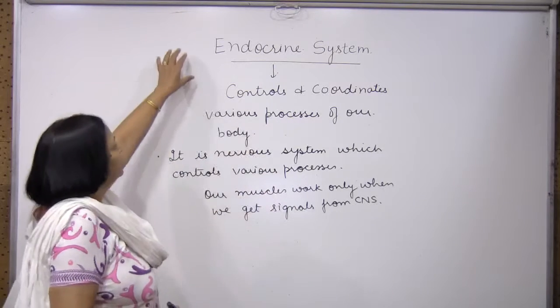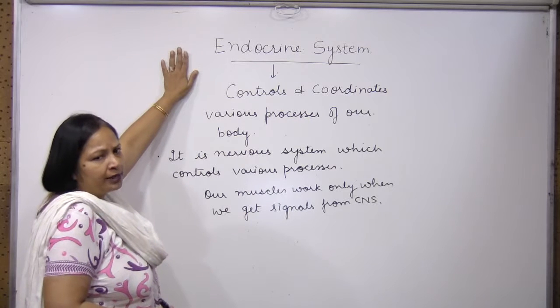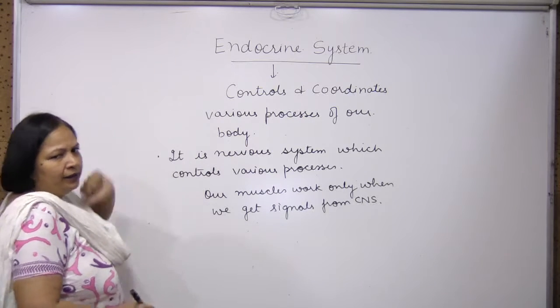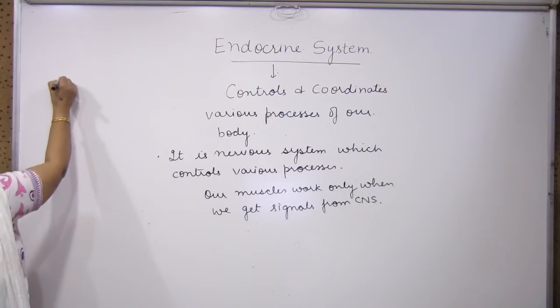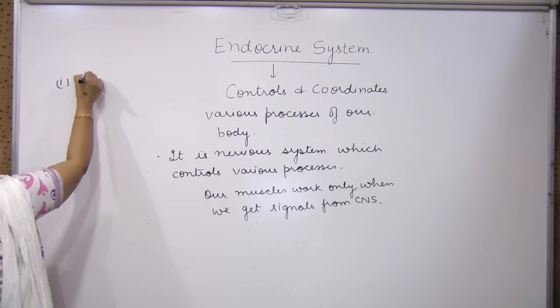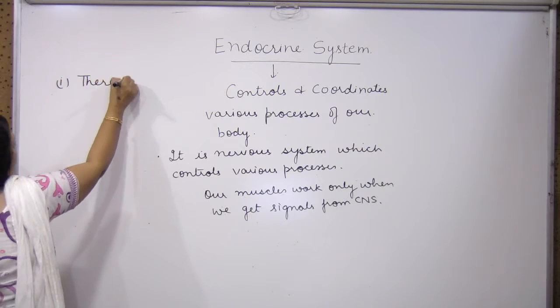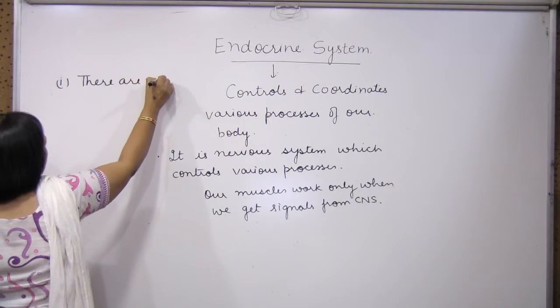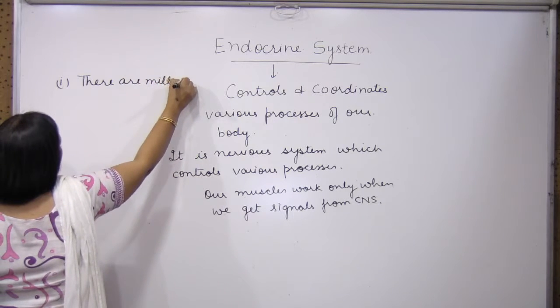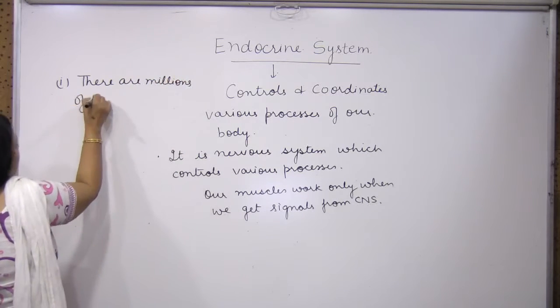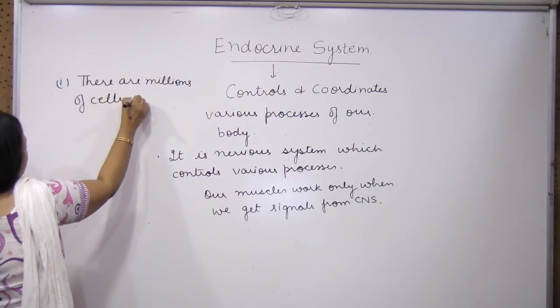Then what is the need of the endocrine system? First thing, there are millions of cells in our body.